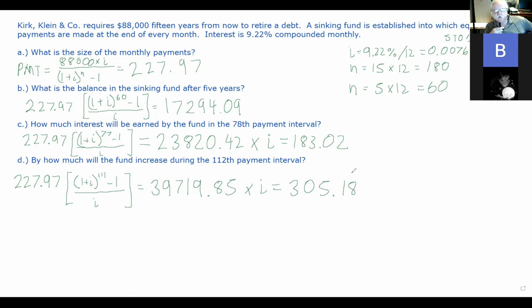$305.18. So the interest has accrued on it. So we'd have to add the interest, but we also have to add the payment at the end of this time period. So we're going to go 39719.85 plus the interest of 305.18 plus the payment they make of 227.97 because every period they make a payment. So let's add that up.